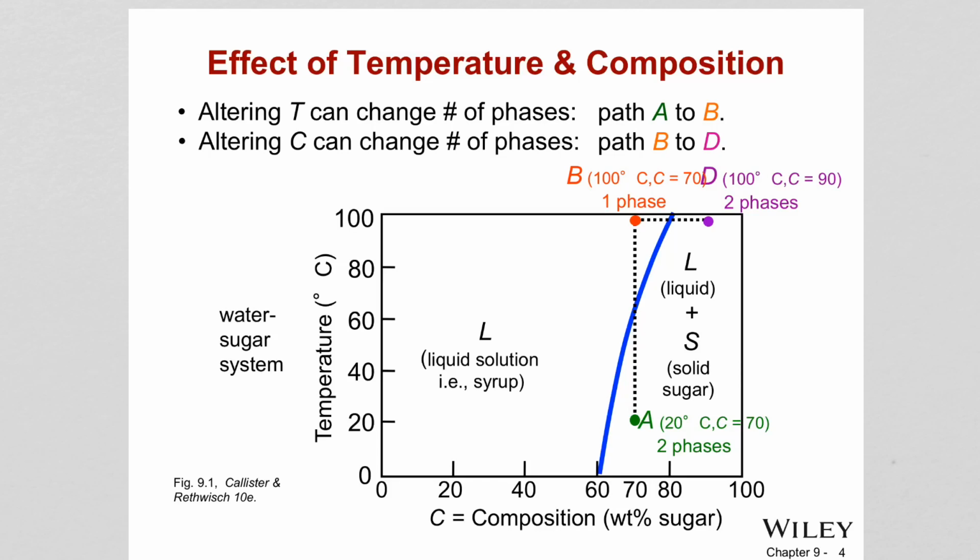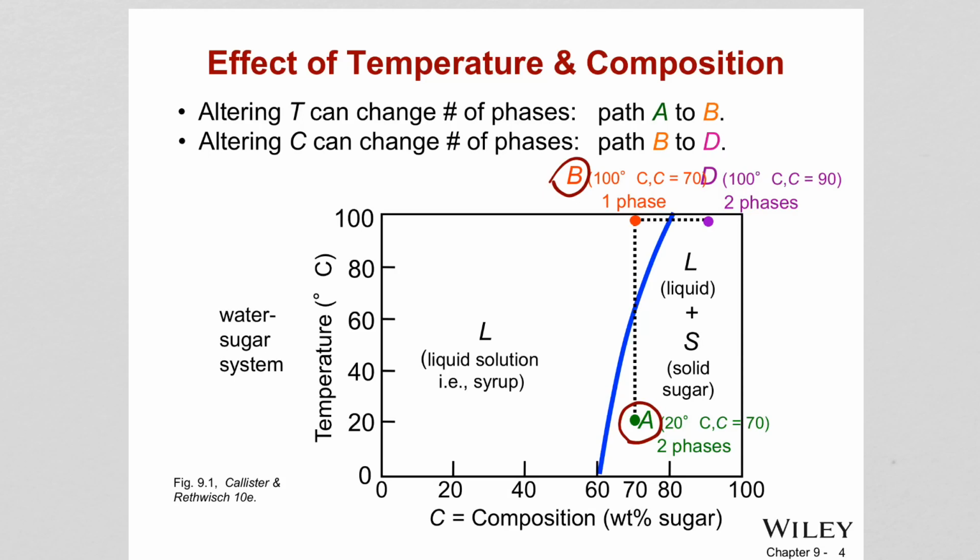So here, if you keep the composition the same, think about going from point A to point B. How can you do that? You keep the composition the same. It's a vertical line. But let's say we are increasing the temperature of the system. Therefore, I travel from point A to point B.